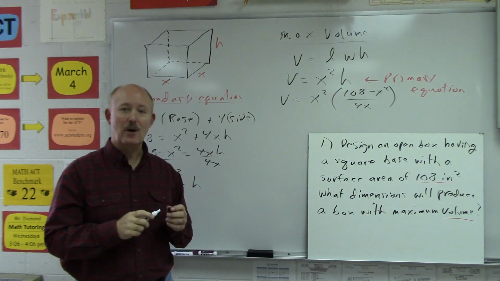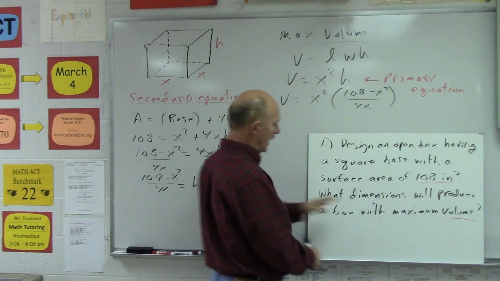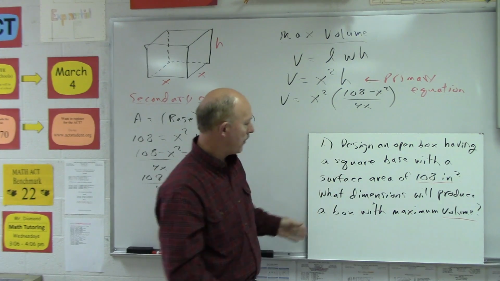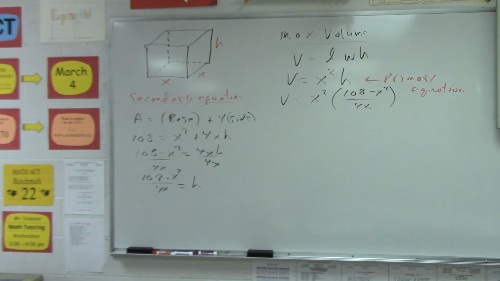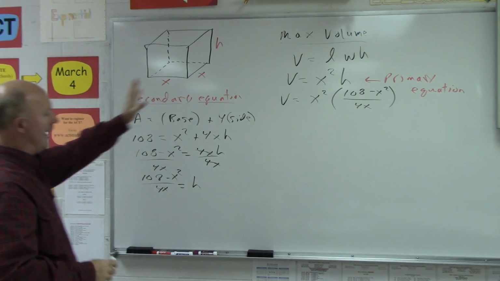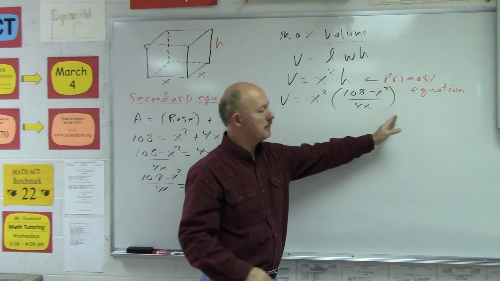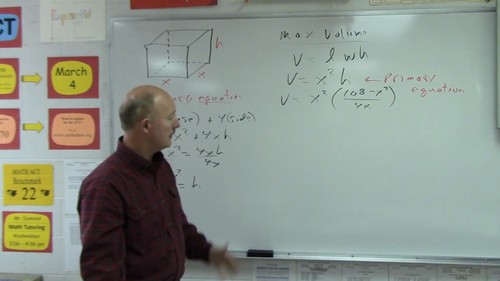And that eliminates our h variable now. Let me remove my problem here to give me a little bit of extra room to work. Like I said, we're looking for maximum volume here, so this becomes my volume equation now.